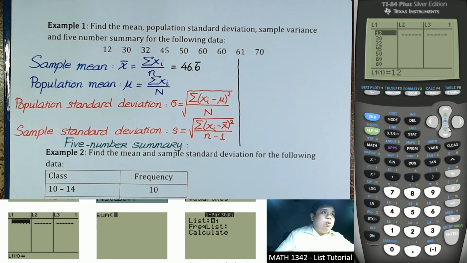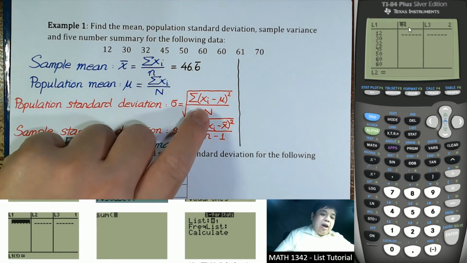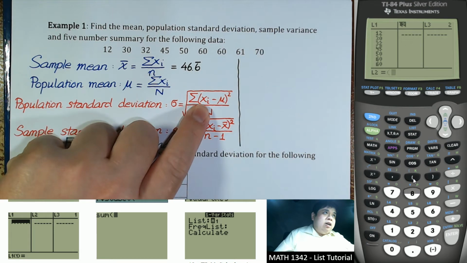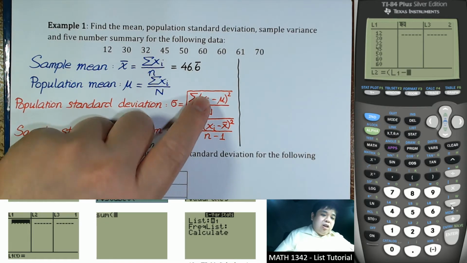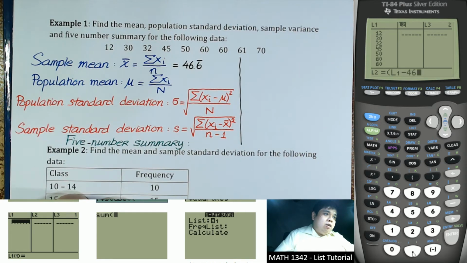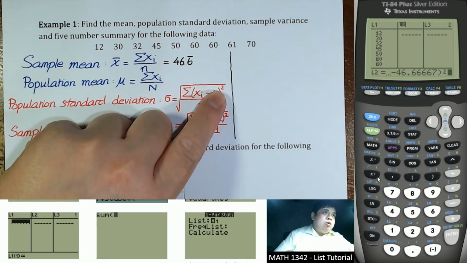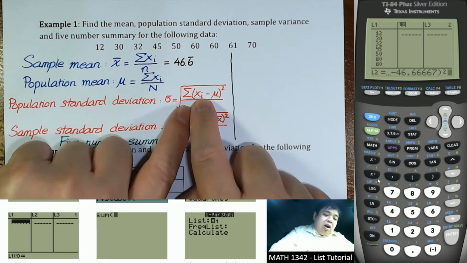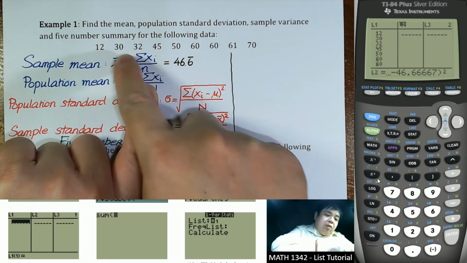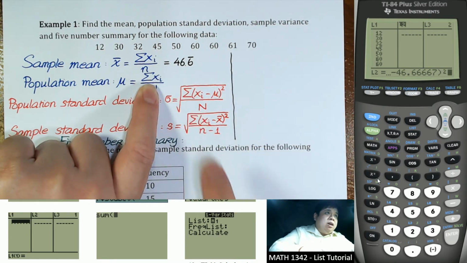right? So with that, I go to the second list, highlight the L2, and we're going to take all of these values. So we take the values on the first list, subtract the mean, 46.6666, let's say like that, and then square. So this will be the squared deviation of all of those numbers from the mean.